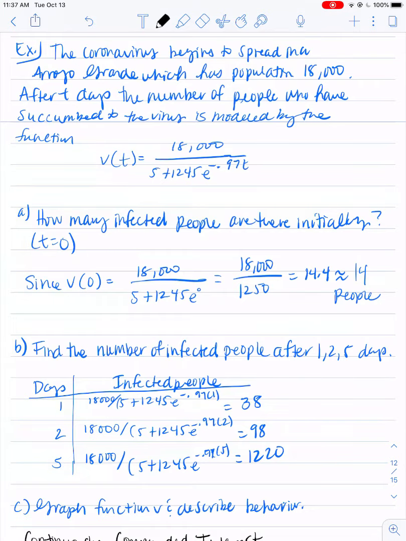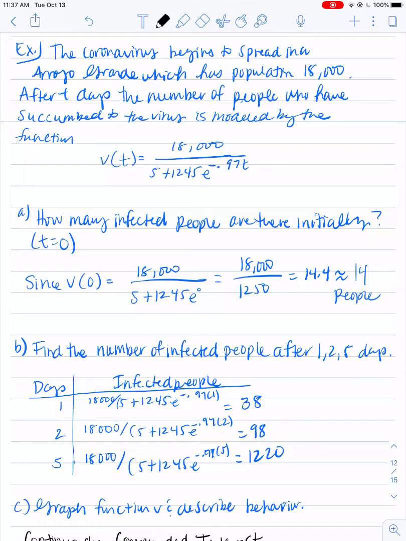Here's an application example that we can go ahead and do. The coronavirus begins to spread in Arroyo Grande, which has a population of 18,000. After t days, the number of people who have succumbed to the virus is modeled by the function V(t) = 18,000 / (5 + 1,245e^(-0.97t)).